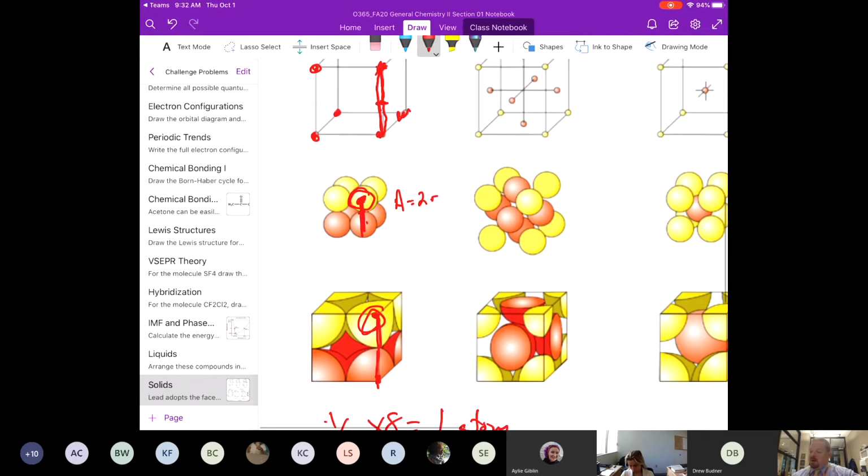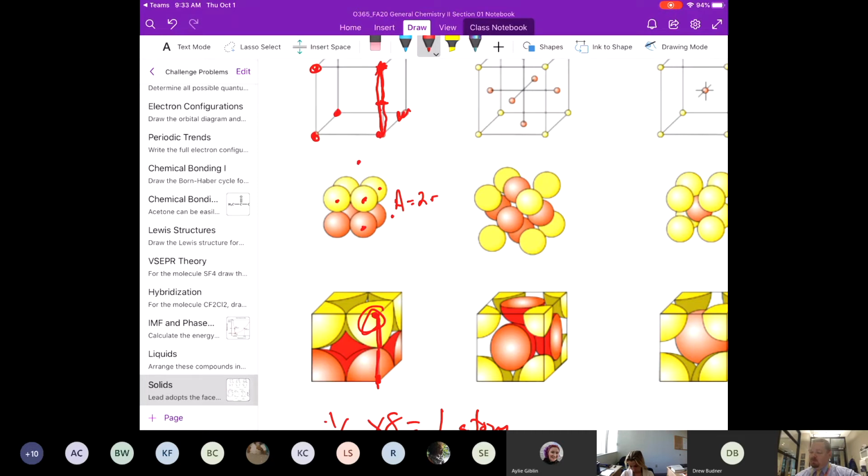Another thing that we can talk about in terms of these crystals is what we call coordination number. If we look at this single atom here, how many atoms is that one touching, essentially? How many nearest neighbors does it have? Well, it is touching this one, that one, this one, one above, and one out here.